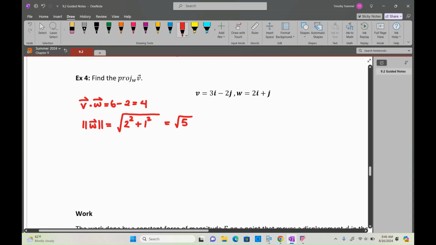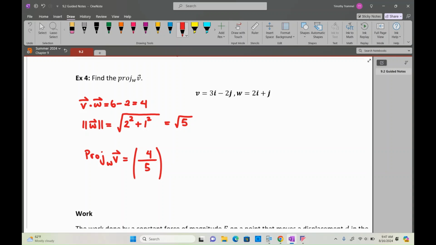So we were looking for the projection of v onto w, which should be the dot product of v and w over the magnitude of w squared. So it's just going to be a 5. Maybe I don't need this big of a parenthesis. There we go. And then we wanted to multiply that by the vector w.